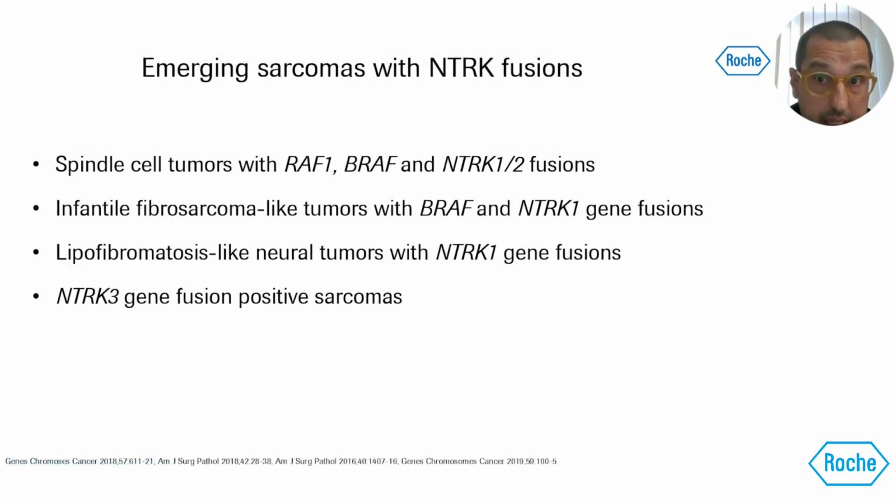However, there is emerging evidence that a variety of sarcomas may also harbor NTRK gene fusions. Recently published data indicate that NTRK gene fusions can be seen in spindle cell tumors with RAF1 and BRAF fusions, and NTRK1 fusions in sarcomas that have features similar to infantile fibrosarcomas, lipofibromatosis-like neural tumors, and NTRK3 gene fusion positive sarcomas.